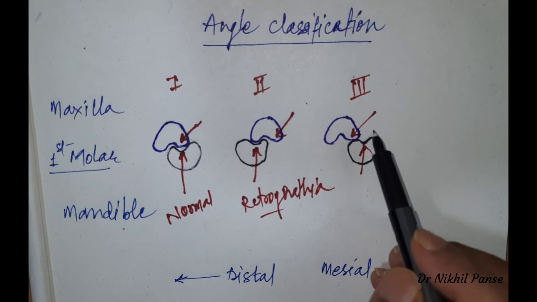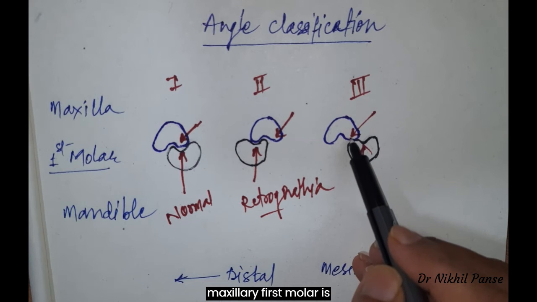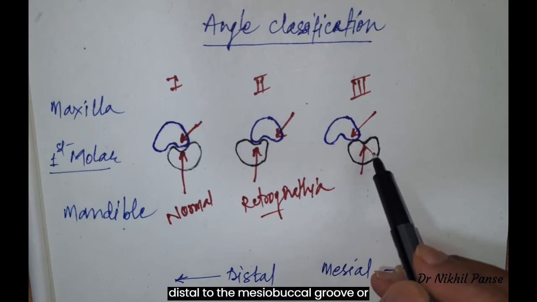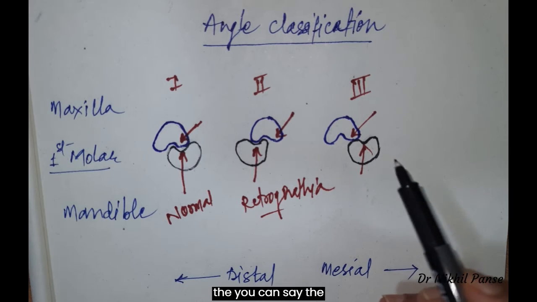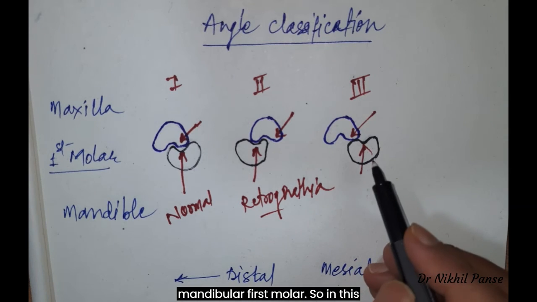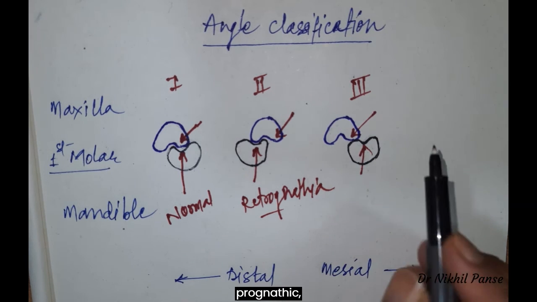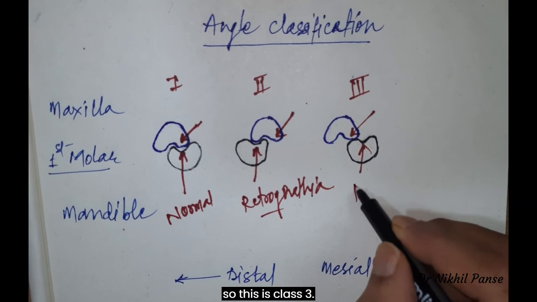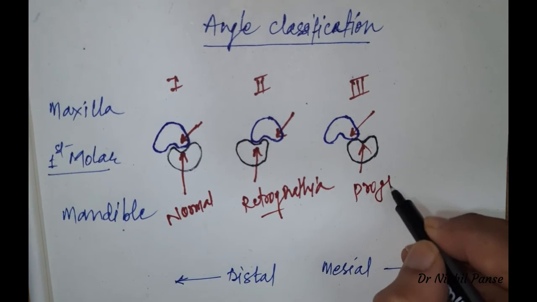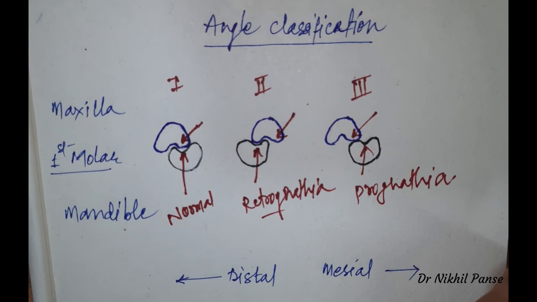The mesiobuccal cusp of the maxillary first molar is distal to the mesiobuccal groove of the mandibular first molar. So in this case, the mandible is prognathic, maxilla is retruded. So this is class 3, which can also be called prognathia.